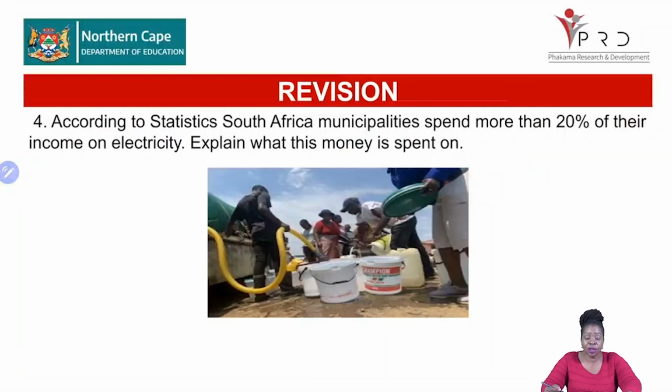Question 4 says, according to Statistics South Africa, municipalities spend more than 20% of their income on electricity. Explain what this money is spent on.